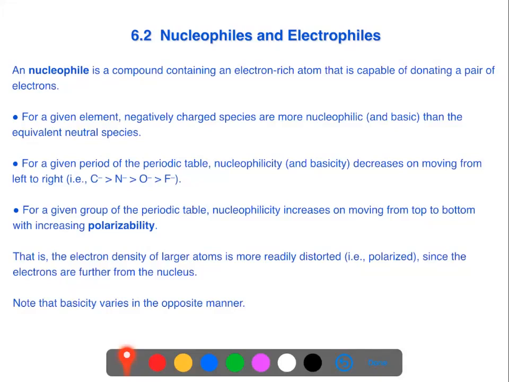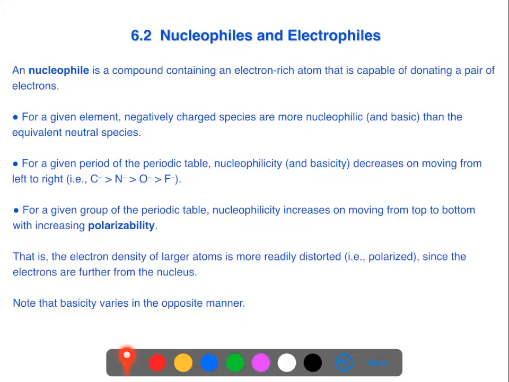So polarizability becomes a really important feature as you move down the periodic table. And the most common example that we'll encounter is when we compare an oxygen center to a sulfur center. We'll find that sulfur-containing nucleophiles like SH minus are really good nucleophiles because of this polarizability effect, or the fact that they are more polarizable than a similar oxygen-centered species.